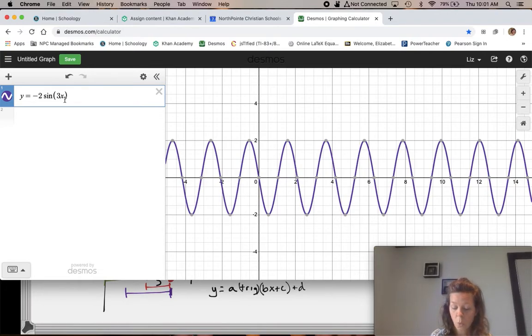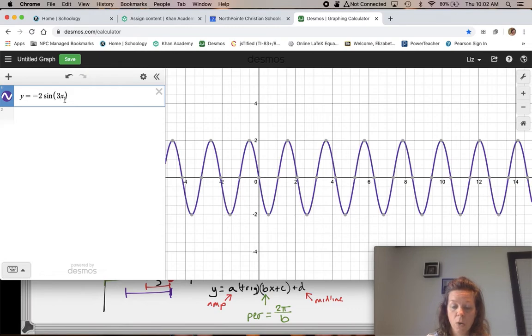We already learned in the last lesson that a is our amplitude and that d is our midline. Now in this lesson, we're going to say that our period is equal to 2 pi divided by b. What that c value would do is take the graph and move it sideways to the left or to the right.